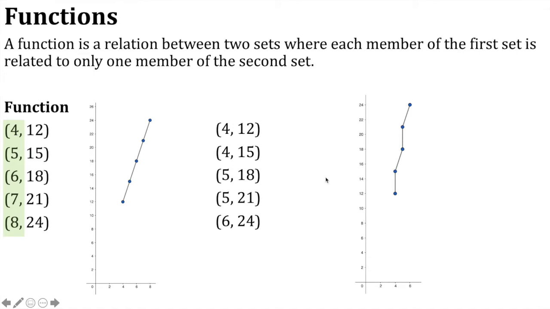But you might notice firstly that the 4 occurs for the x value twice. But it maps to 2 different y values. And you'll notice that the same thing happens with the 5. So we have the 5 twice for our x values, but 2 different y values for that. And that's what makes that not a function.